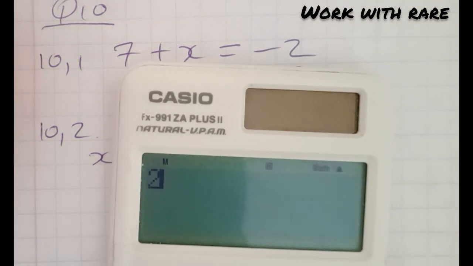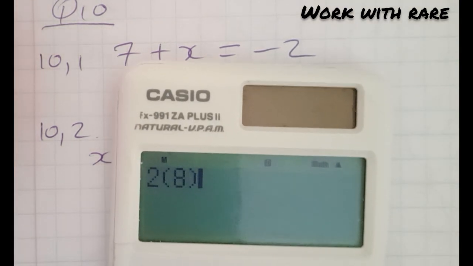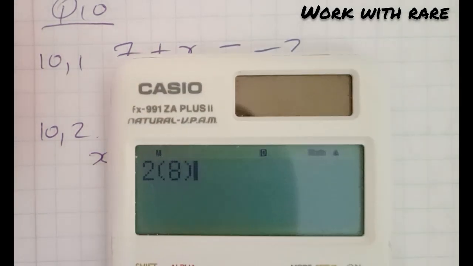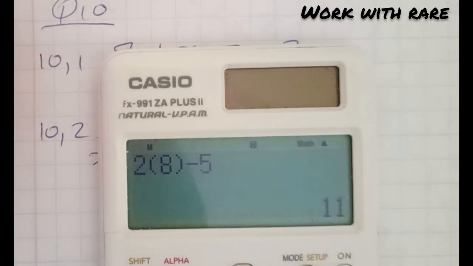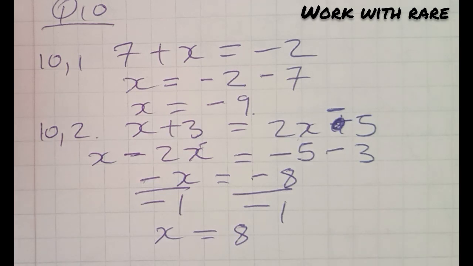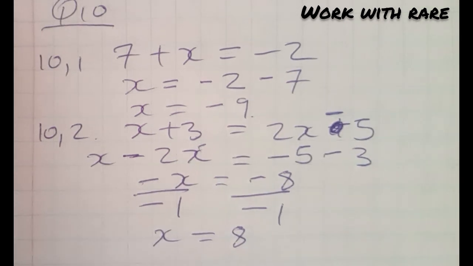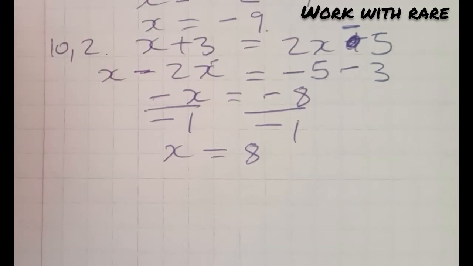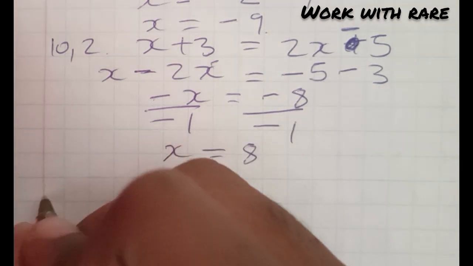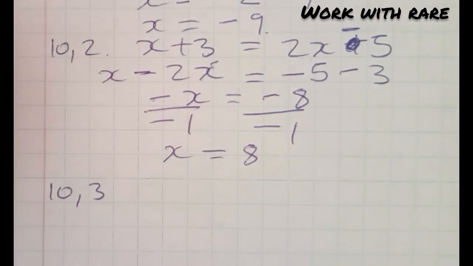So I'll say 2 multiplied by 8, remember, minus 5. It's 11. So they are equal, which means our x value is correct. Okay, so that's how you can test it to see if your answer is really correct. Now I'll do the next question, which is 10.3.